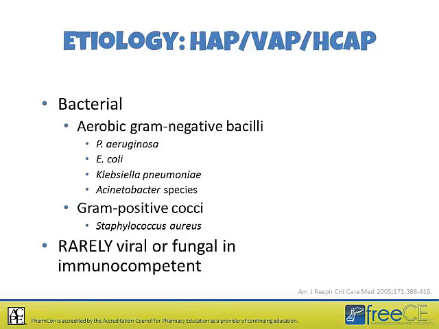We're getting away from our strep pneumo and our H flu, and now we're thinking about things like Pseudomonas aeruginosa and E. coli. We're also thinking about Klebsiella pneumoniae and Acinetobacter species. So some bugs that I know specifically at our hospital we would think about more resistance to. We've also seen an increase in the number of gram-positive cocci, specifically with Staphylococcus aureus, and I've already mentioned that really one of the times that this is more common is as a post-viral pneumonia.